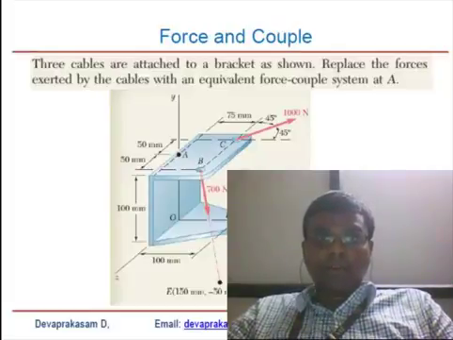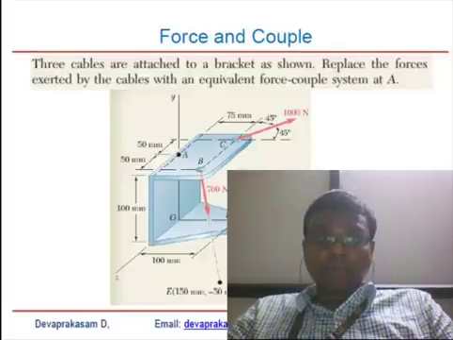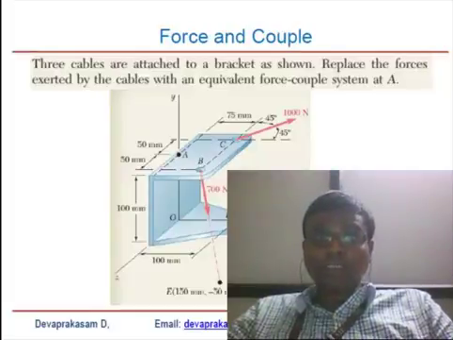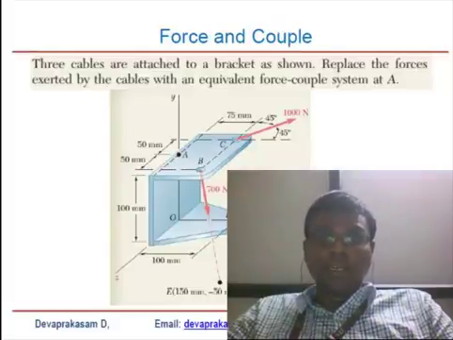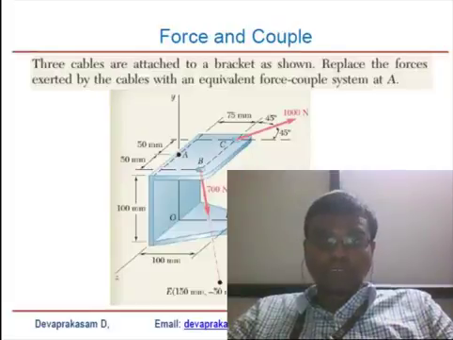As I said, any vector quantity like a force is associated with a direction, a sense of direction. You can determine the direction of that force by determining the unit vector and multiplying it with the magnitude of the force, or you can use the angles at which the force acts, resolving along the x, y, z axes, or you can use the slope at which the force acts.